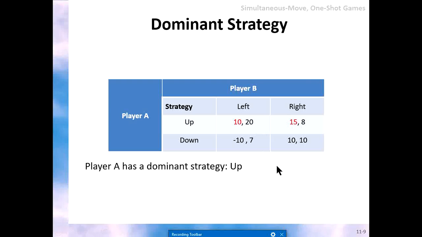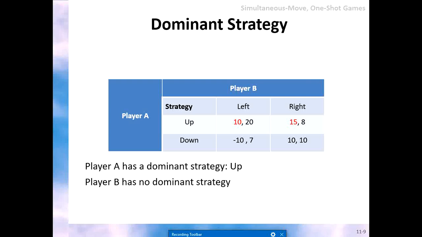And what is the strategy for player B? You may think. So the answer is player B has no dominant strategy. Why? We assume that if player A chooses the up strategy, player B can either choose left or right.